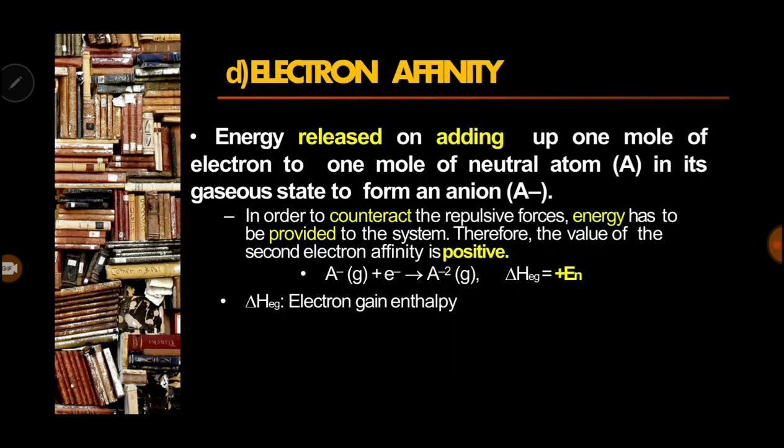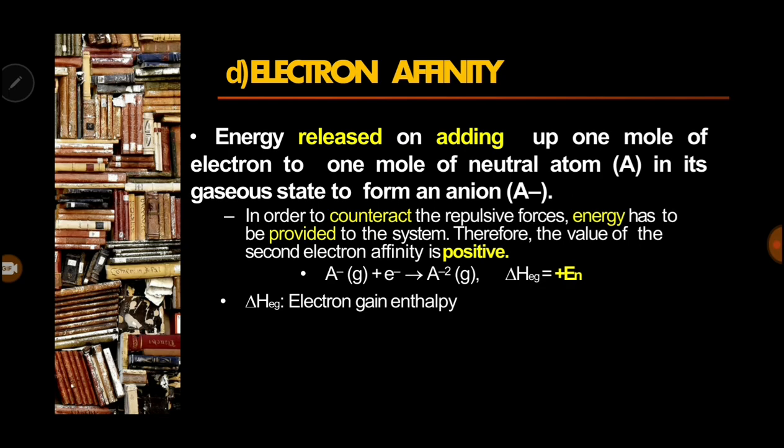Okay, electron affinity counteracts the ionization energy. Ionization energy is the energy required to remove one electron, but in electron affinity, energy is released on adding one mole of electrons. In order to counteract the repulsive force, energy has to be provided to the system.